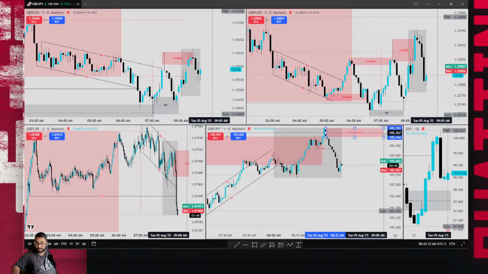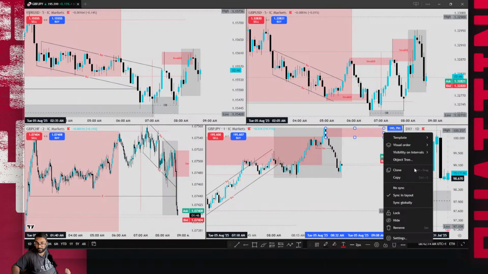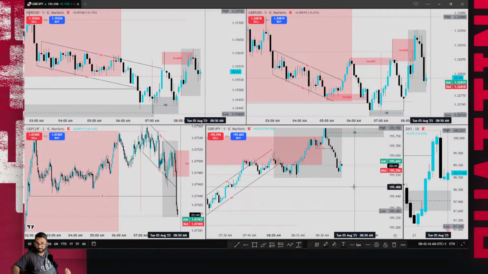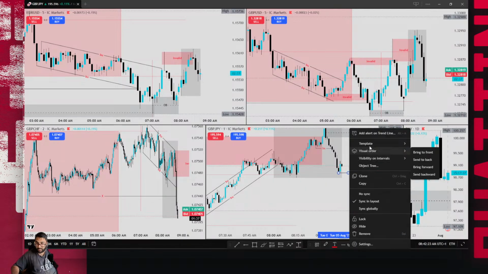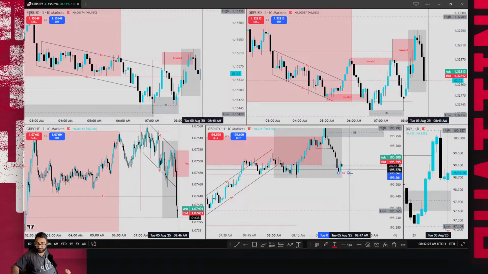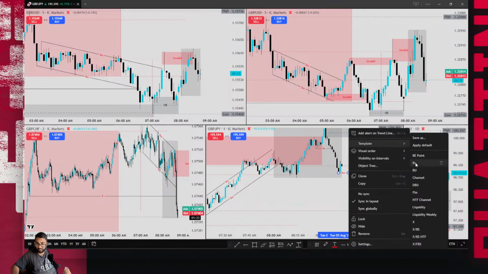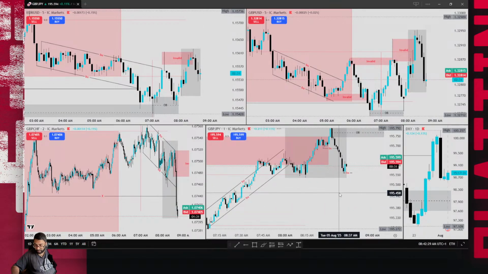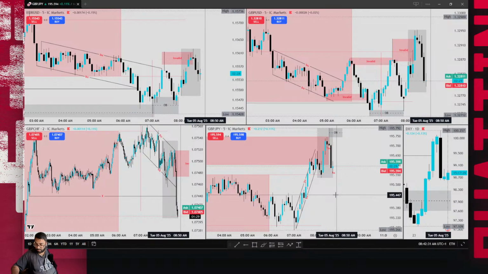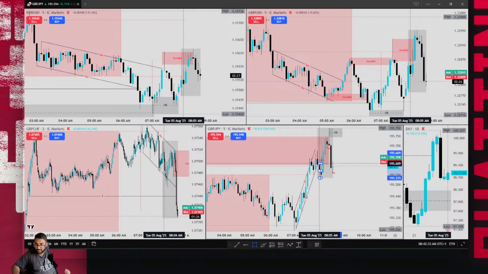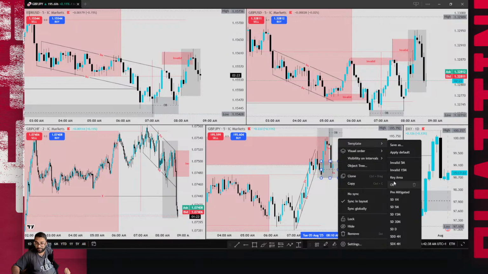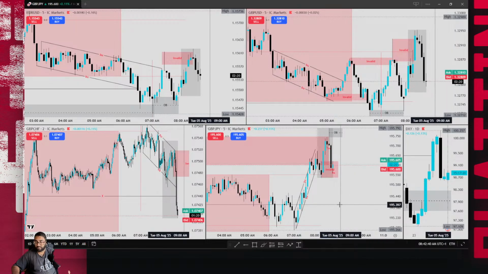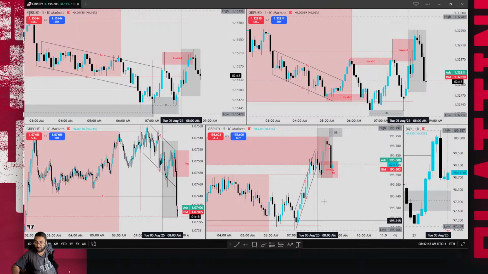So this is the order block here. Need to break this low. Oh wait, this is an invalid zone. We need to see this fail, because you got the build up underneath it.